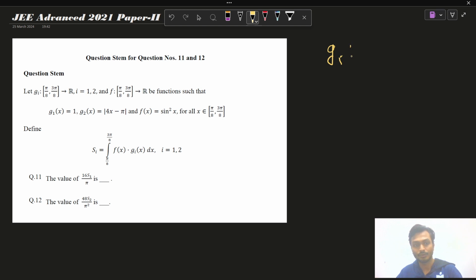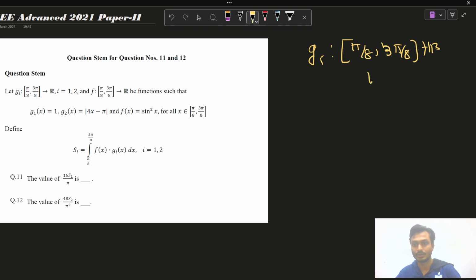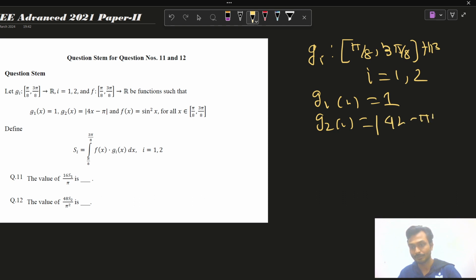g_i are functions from [pi by 8, 3 pi by 8] to R, for i equals 1 to 2. g1(x) is 1, and g2(x) is given as mod of 4x minus pi.